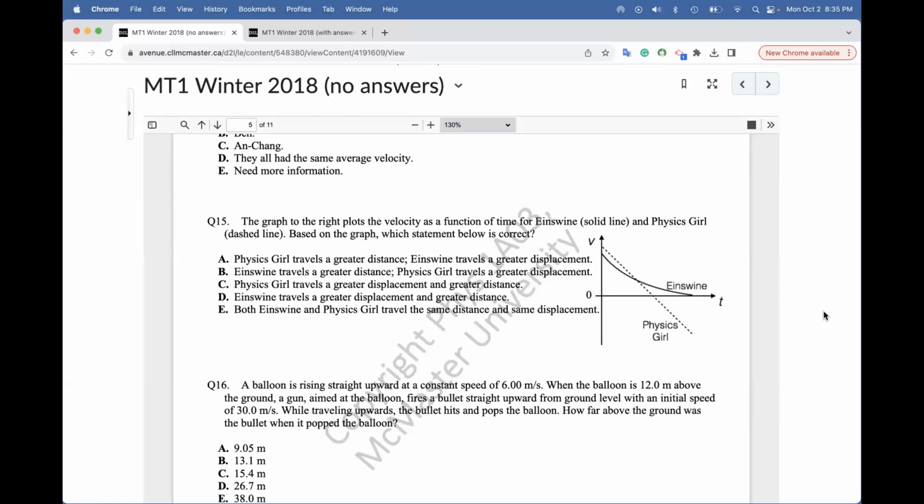And then even though it goes negative, it's still a larger area, so it's a greater distance. And since displacement is a vector, we're not looking at the positives and negatives. So based on that, it would be A, right? Based on that reasoning, that physics girl travels a greater distance and Einstein travels a greater displacement. Is that correct, Medea?